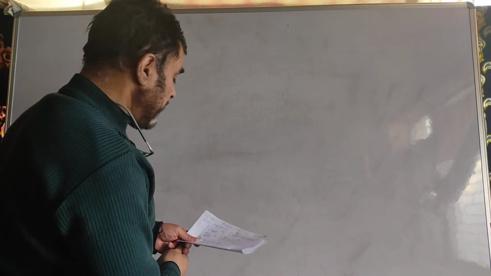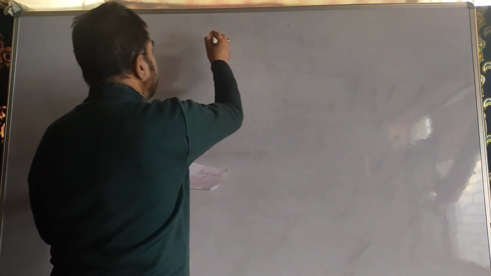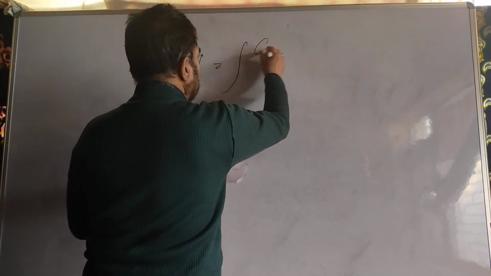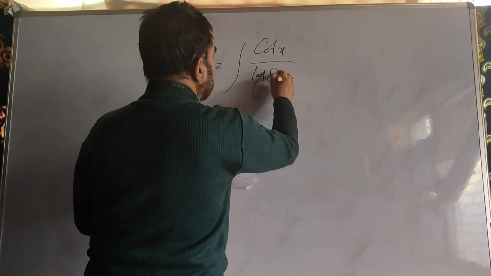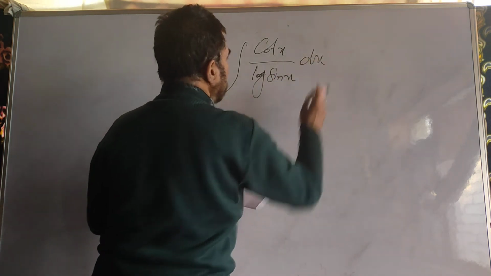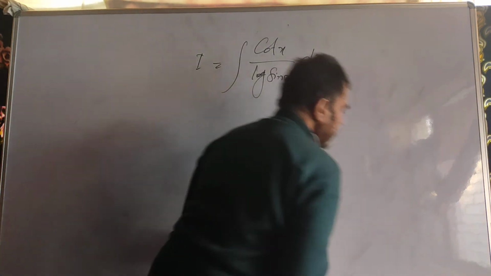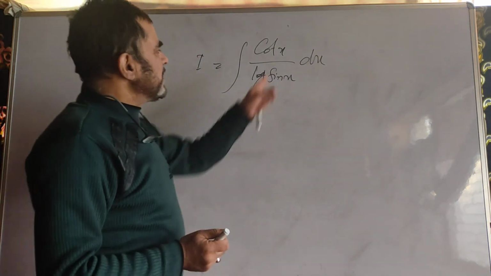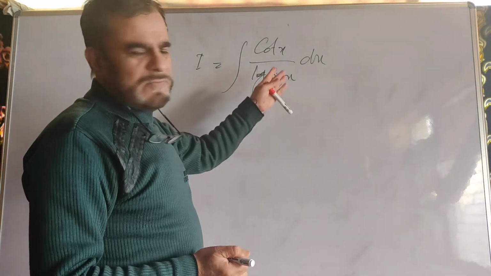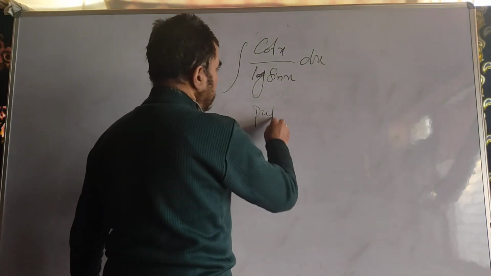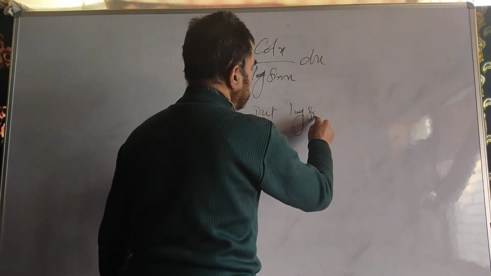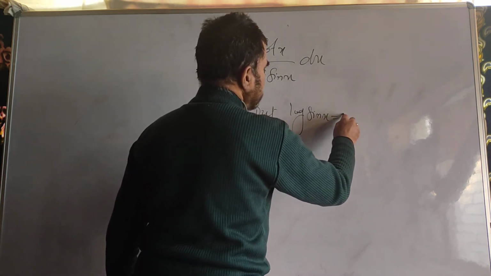Let us have one more application here. Suppose you want to integrate cot x by log of sin x dx. If we differentiate cot x, we won't get log sin x. So let us make the substitution: put log of sin x equal to z.